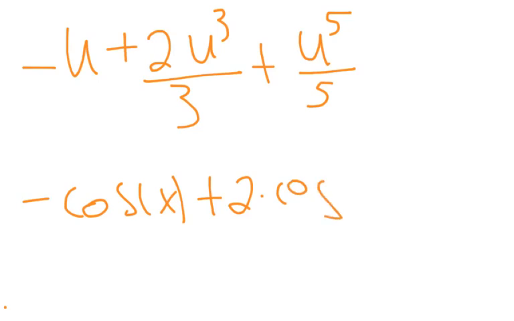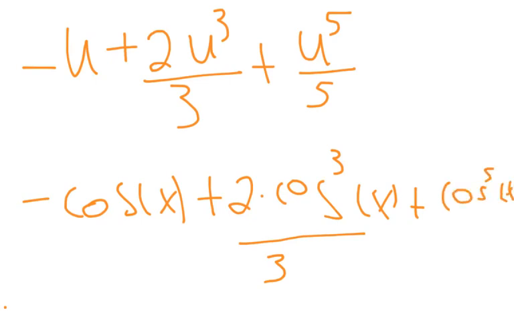So, cosine cubed of x, everything over 3, and then of course our cosine to the 5th of x over 5. And although there isn't enough space, don't forget that we need to put our plus c at the end of our answer.